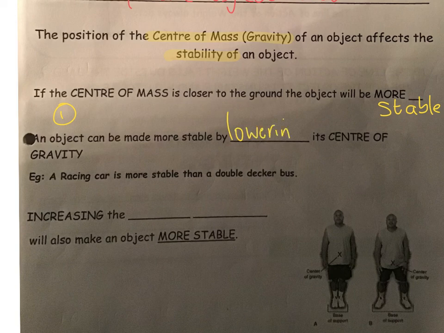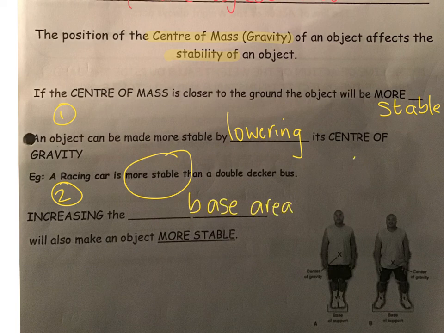So the object can be made more stable by lowering its centre of gravity. So for instance, a racing car is more stable than a double-decker bus. The second way that you can make an object more stable is by increasing the base area.